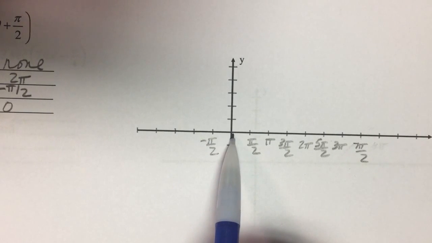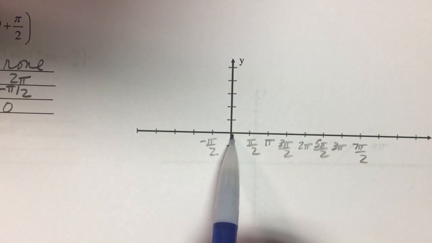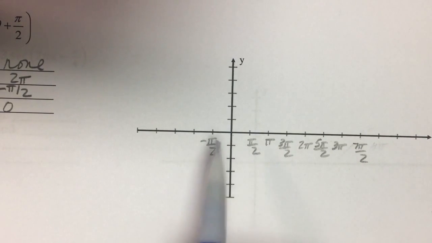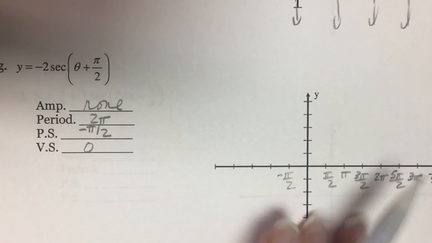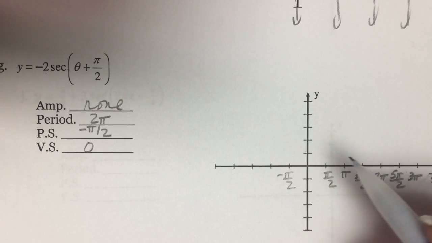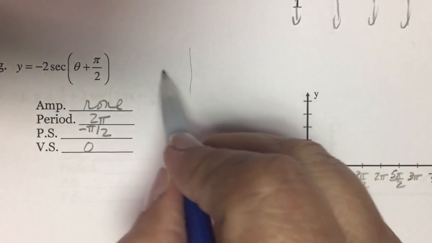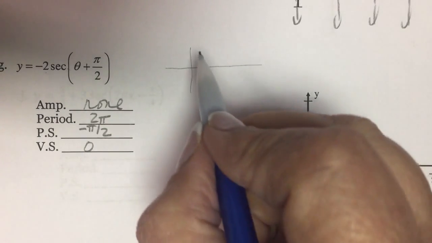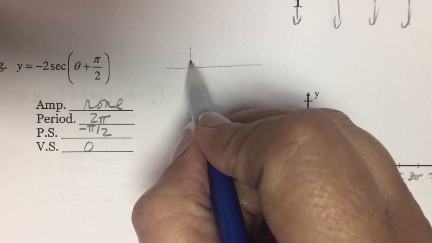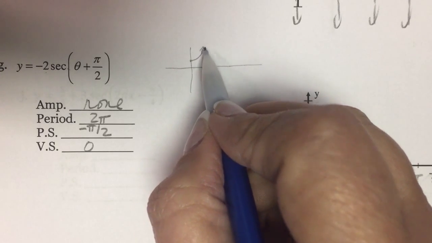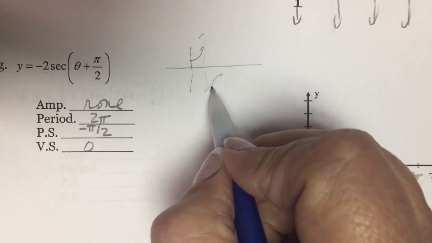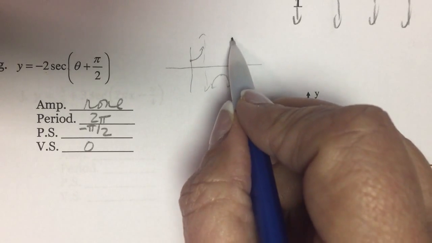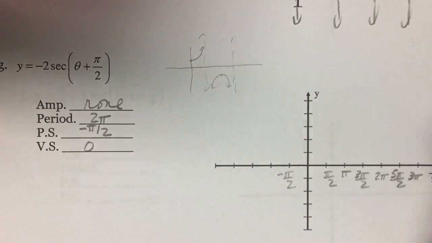Now, a couple of things. First of all, what the 2 does is, if you remember right, in the parent graph, you would go, for example, to 1, and it would go up, and then there'd be an asymptote, and then you'd go down to -1 and go down, and then there would be an asymptote, and so on.